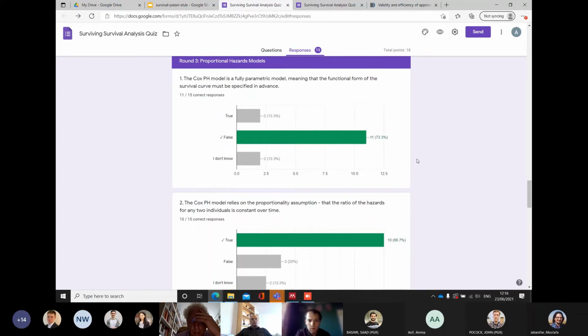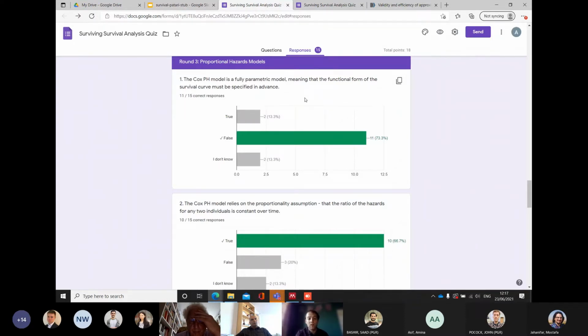So I think most people have got this one right, and that's simply because the Cox-PH hazard model is a semi-parametric model. So you don't actually have to specify the functional form of the curve. It's including the baseline, the baseline hazard. Instead, you just specify an exponential term, which includes a linear sum of the features.